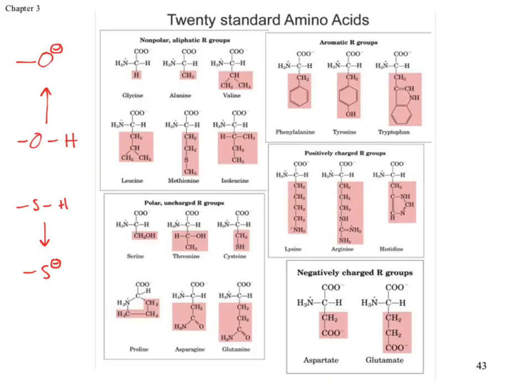What can all of our other amino acids, and particularly those R groups, do? They can all freely rotate. Why can they all freely rotate? They are all connected using sigma bonds, or single bonds, to the amino acid backbone. Okay?